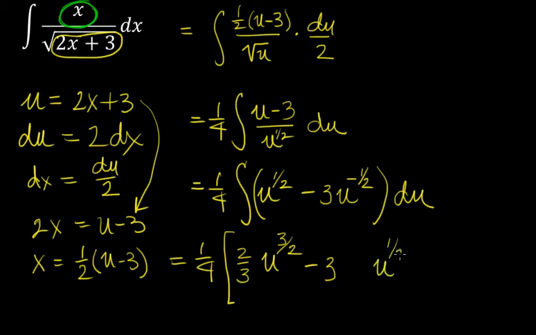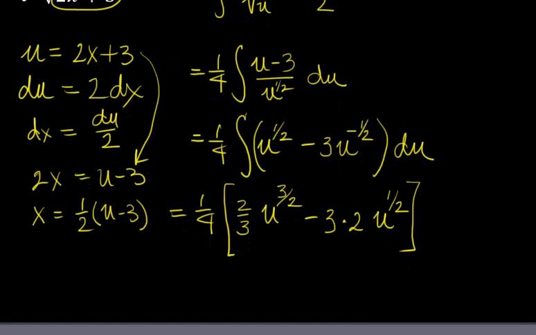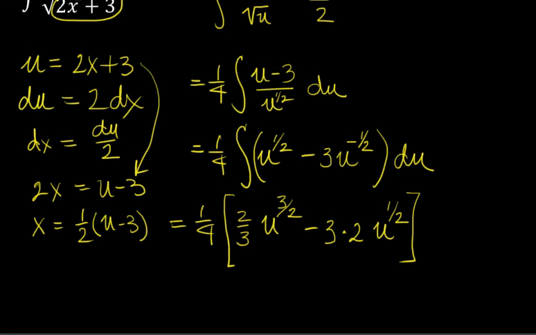Add 1 to the exponent, I get u to the 1/2, and multiply by its reciprocal, 2. Let me see if there's any room here. A little bit. We can finish.